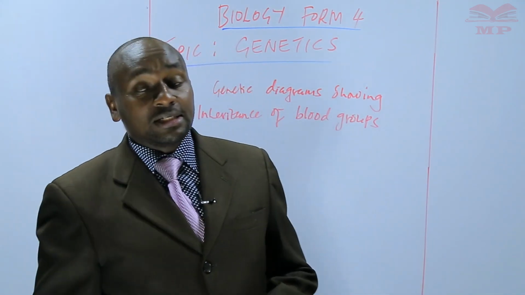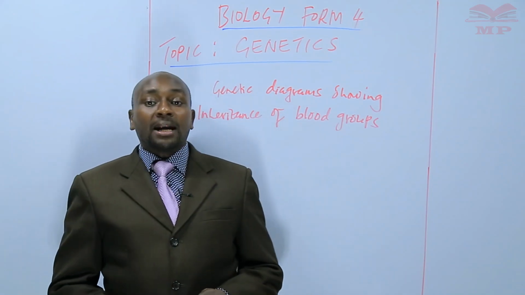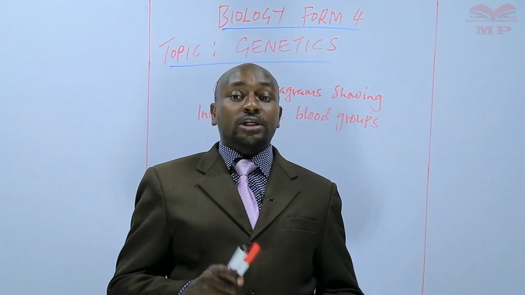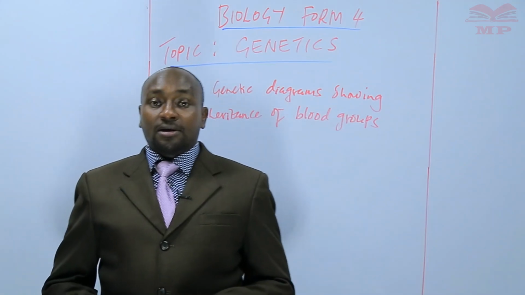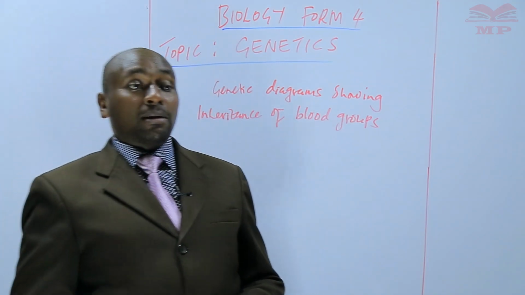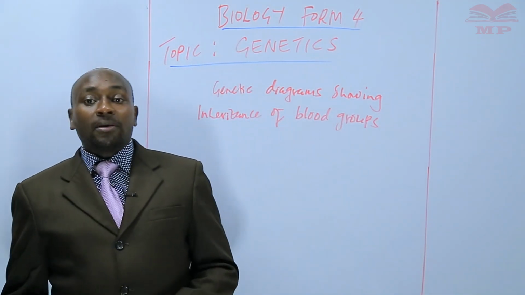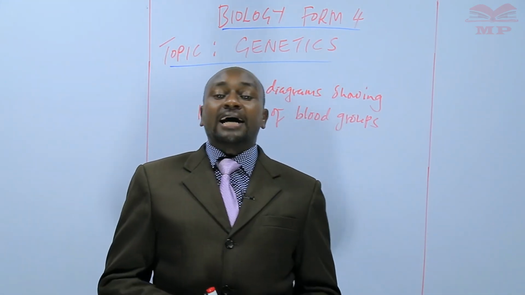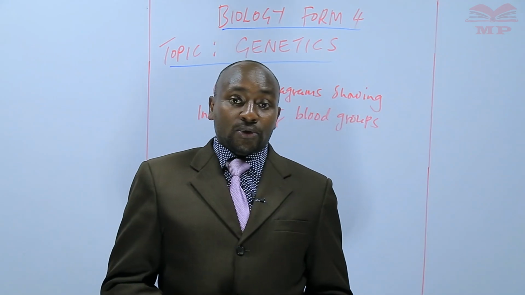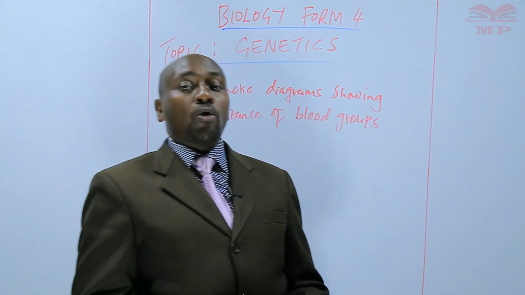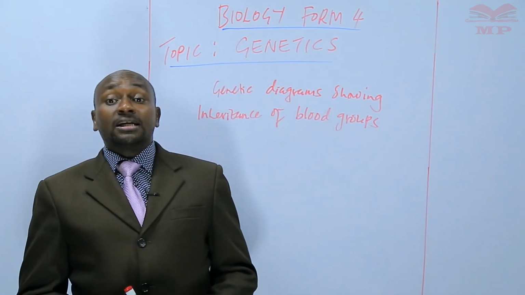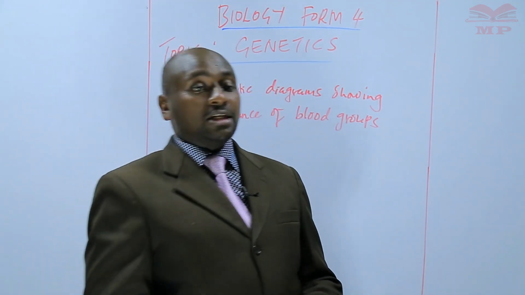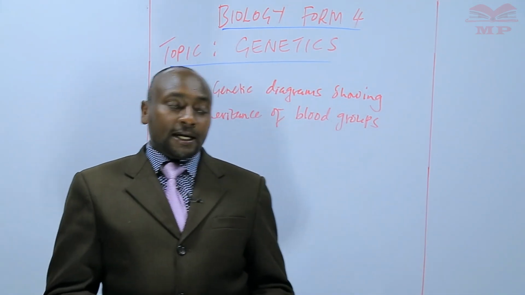But we also said that blood group O in heterozygous state does not express itself, especially in the presence of gene A or B. The blood group O is not recognized because it's a recessive gene. So the only time blood group O can express itself is when it is in homozygous state, but not in heterozygous state.